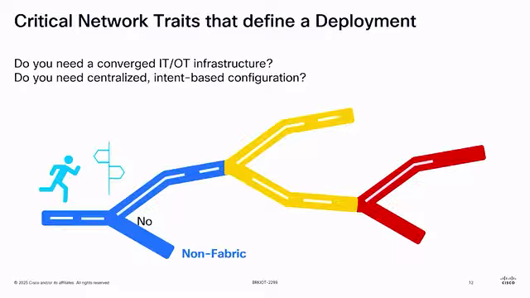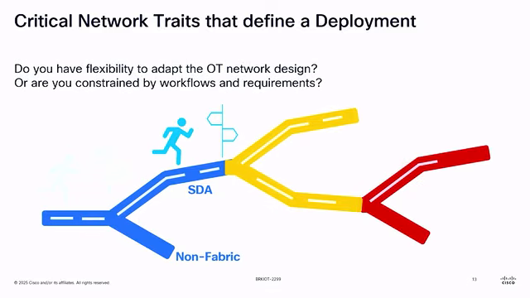And we see this in cases when there is not a strong need to have this shared enterprise and industrial network, or when there is not really need for intent-based configuration, because the configuration is very static and is pushed, workflows are already established. So if there are no drivers, we don't need to jump just for the sake of the technology, right? But if you have these drivers, then you want to start considering SD access, and this will take you into the upper path of this diagram.